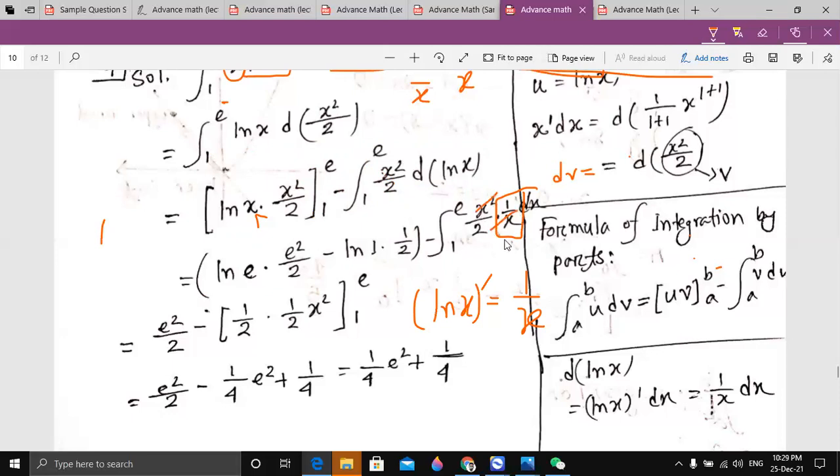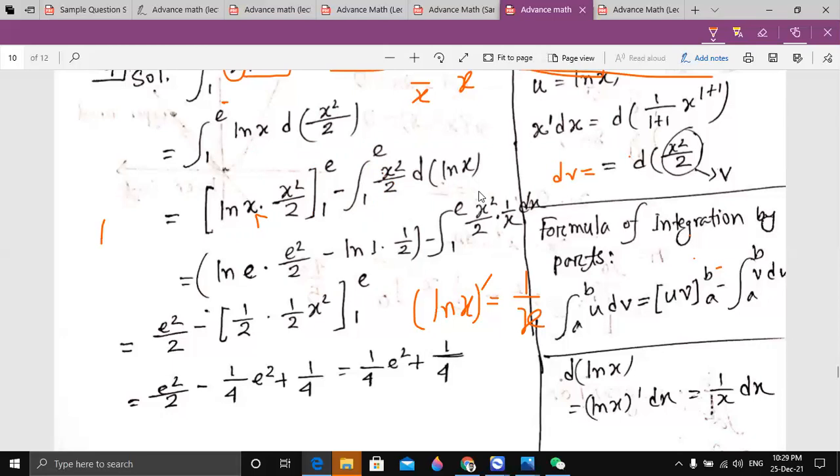So we get 1 by 2 x square. Get x over 2. No, not x over 2. Here is something missing, I think. Half x square.